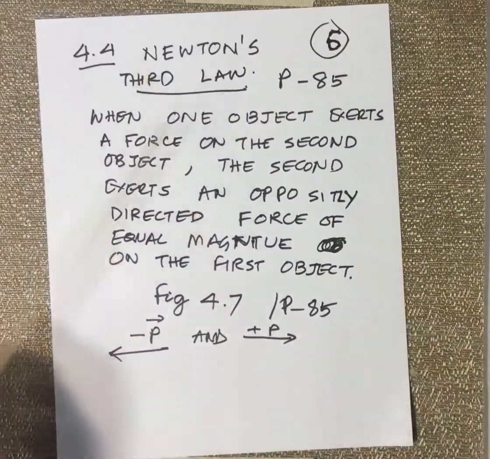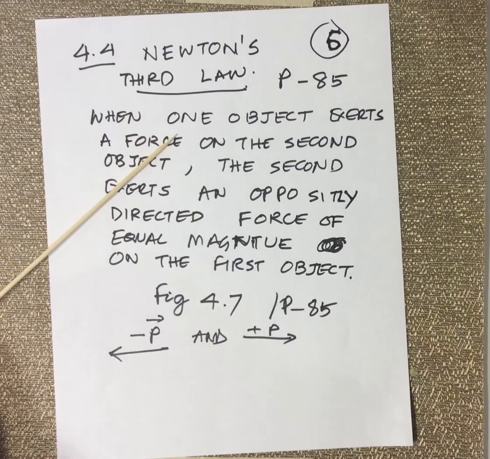Now we are at Newton's third law of motion, which is section 4.4. When an object exerts a force on a second object, the second object will definitely oppose it and will apply a force of the same magnitude on the first object.